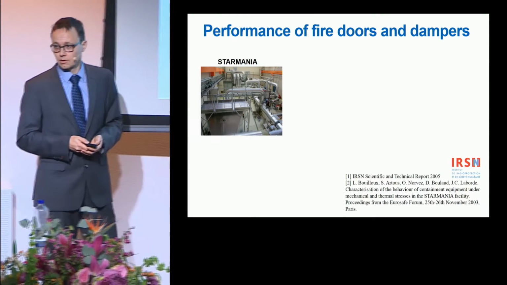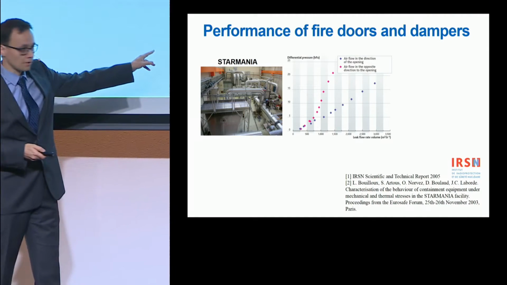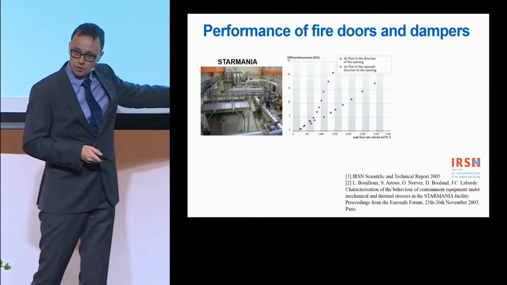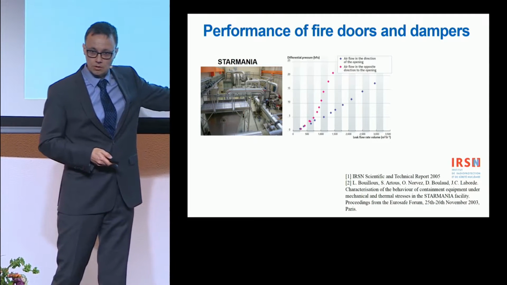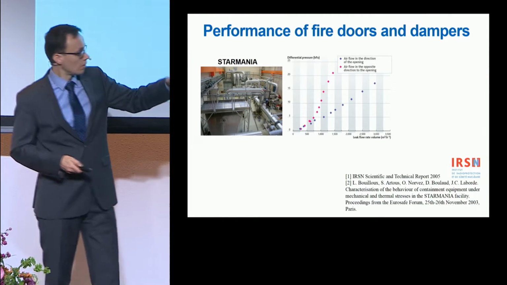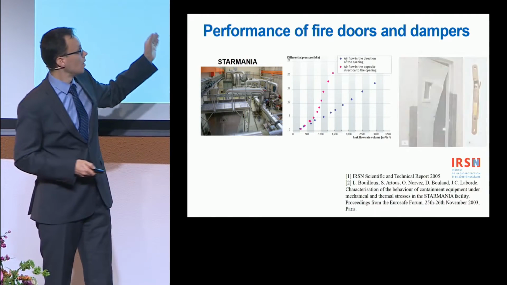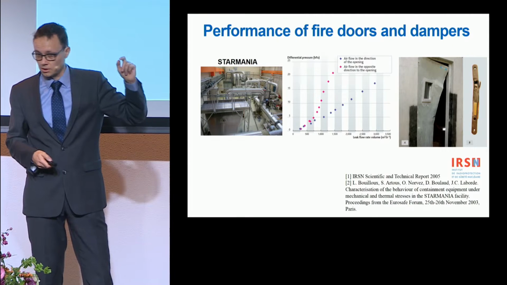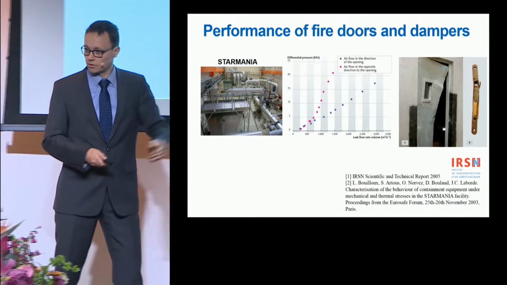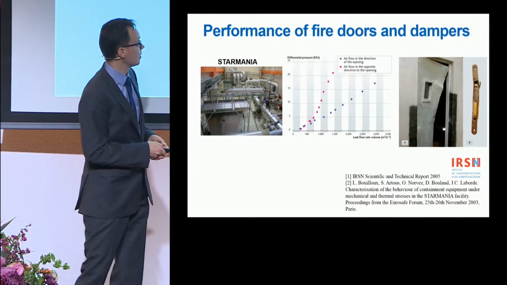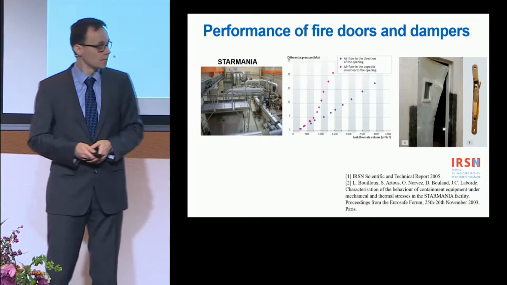In the research field of fire resistance studies, French nuclear fire safety researchers have studied the performance of fire doors and dampers under different pressure differences. They have a huge facility called Starmania for this purpose, and they have been measuring, but unfortunately publishing very little.